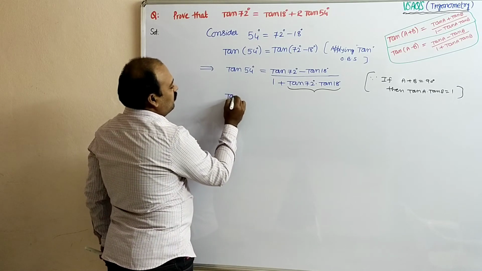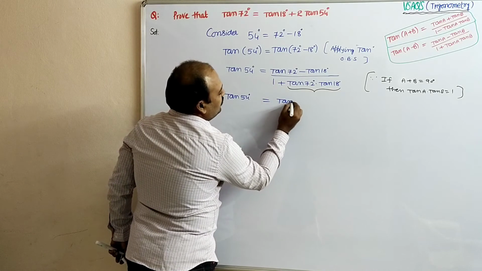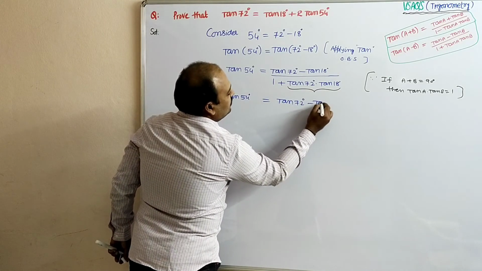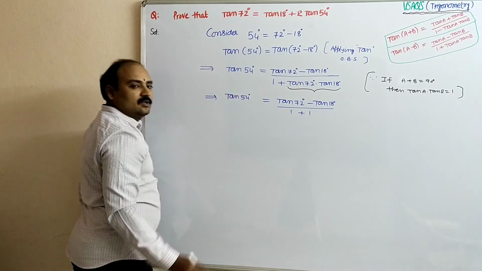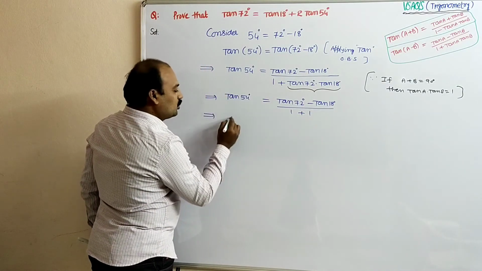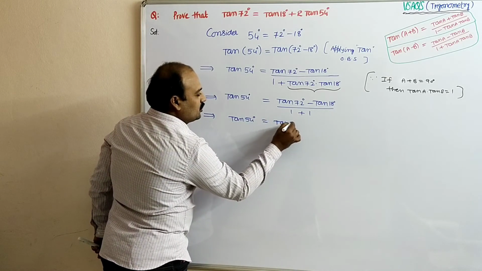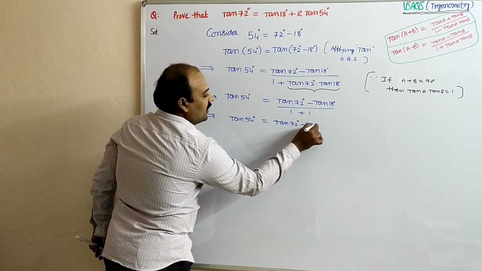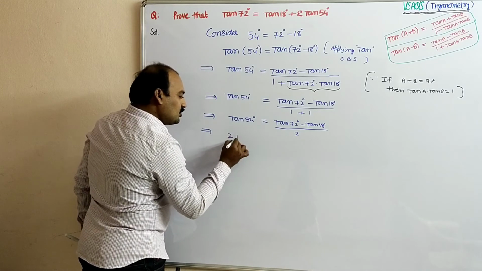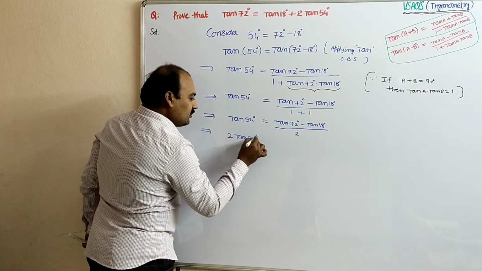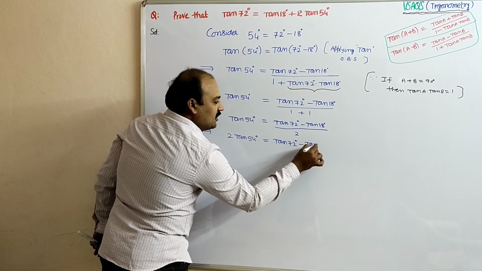So tan 54 is equal to tan 72 degrees minus tan 18 degrees divided by 1 plus 1. 1 plus 1 is 2. Cross multiply: 2 tan 54 degrees is equal to tan 72 degrees minus tan 18.